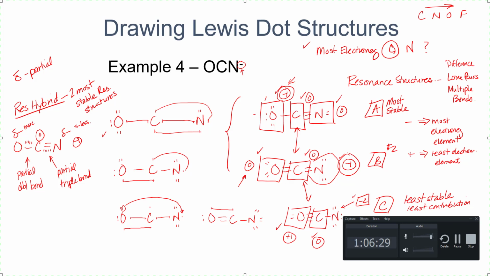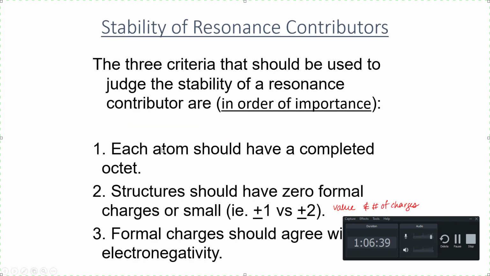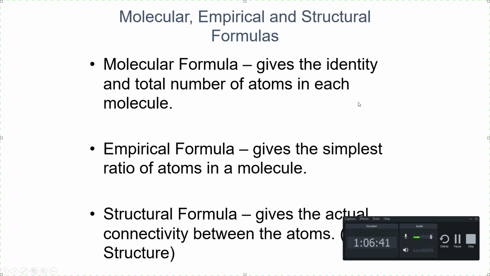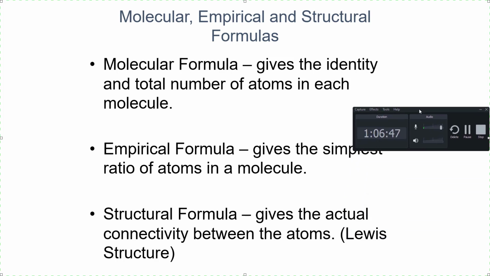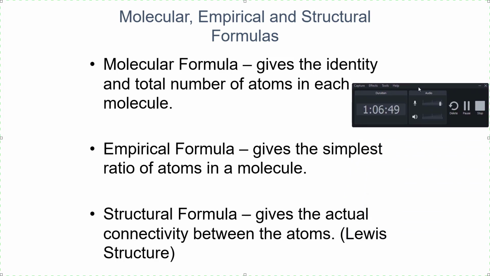Okay. Now, also in general chemistry, after you talked about Lewis dot structures, you then moved into different types of formulas. I'm going to briefly introduce this. This is going to become commonplace very quickly. Drawing different types of formulas and particularly organic formulas.